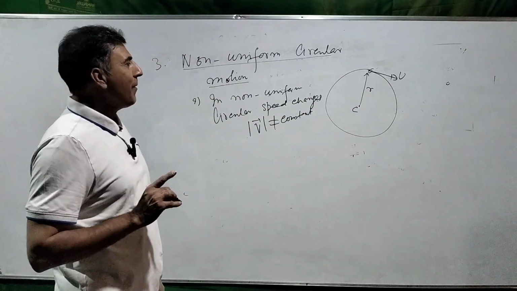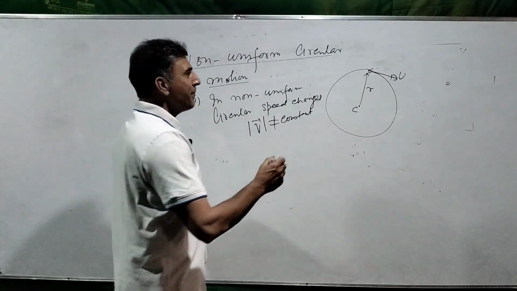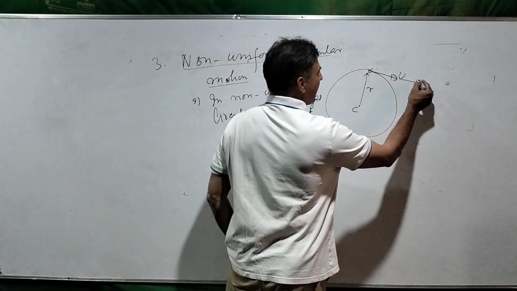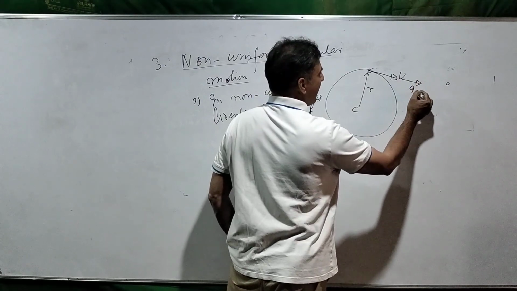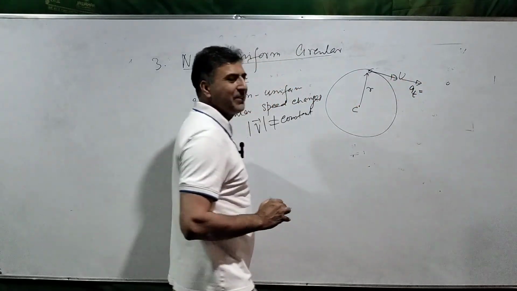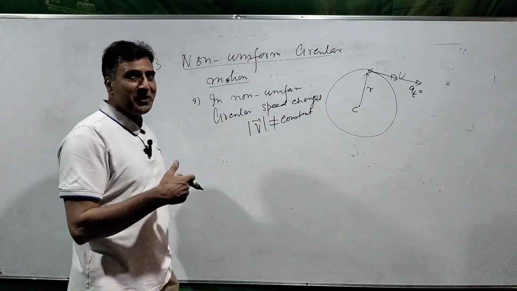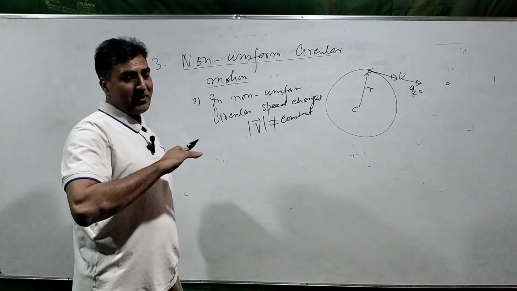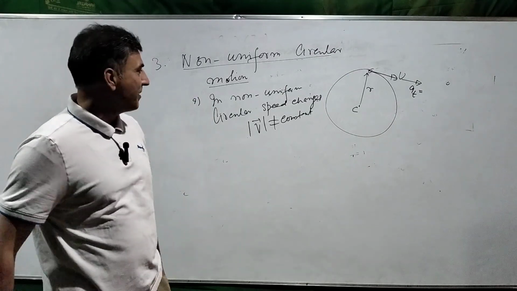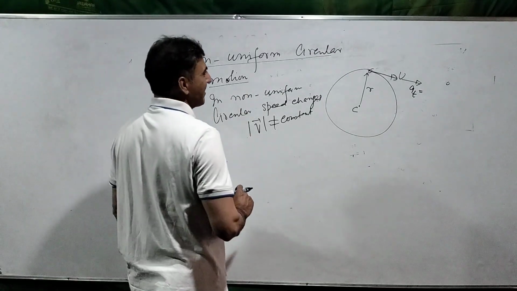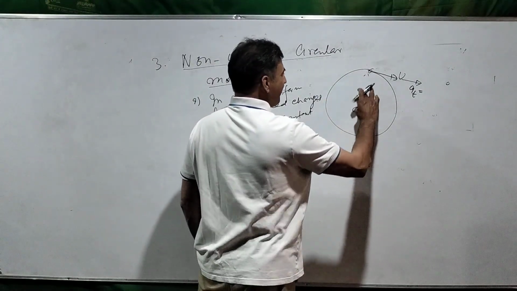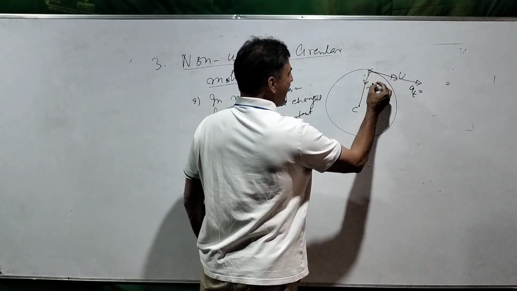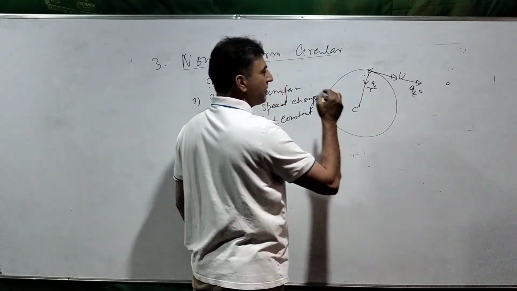If the magnitude of speed is not constant, that means there is acceleration in this direction, tangential acceleration. Obviously, if speed changes, there is tangential acceleration, which I have already told you in the first lecture. The tangential acceleration is just the rate of change of speed. So there is tangential acceleration, but at the same time there is centripetal acceleration because it moves in a circle.